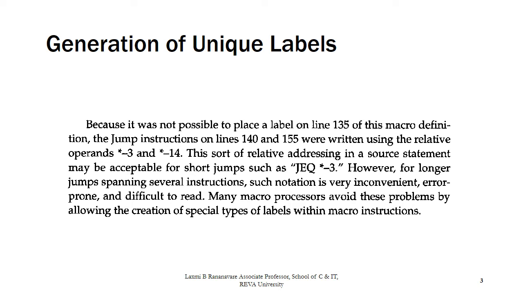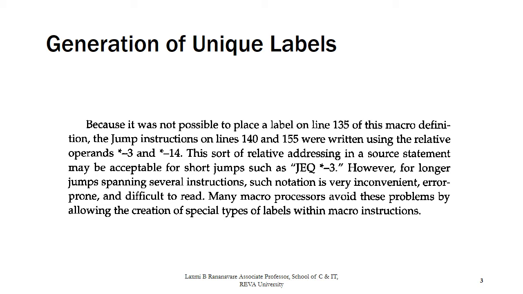Now, the generation of unique labels. In the previous example, we have seen relative address operands, that is in jump instruction, JEQ to a location, where the relative address was star minus 3. I'm talking about the instruction test device followed by jump on equal.